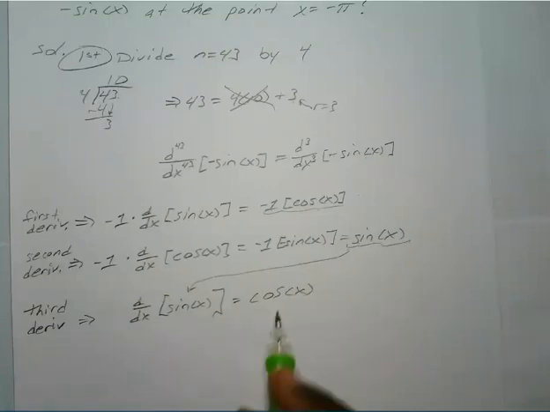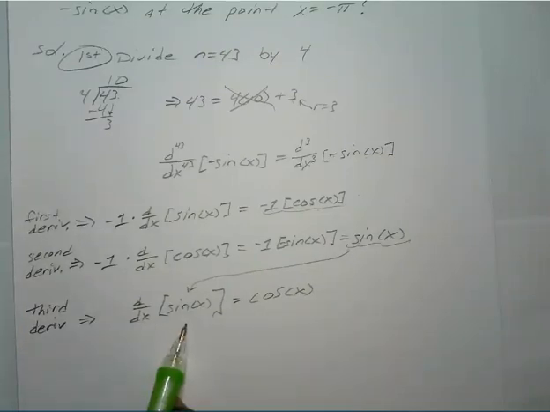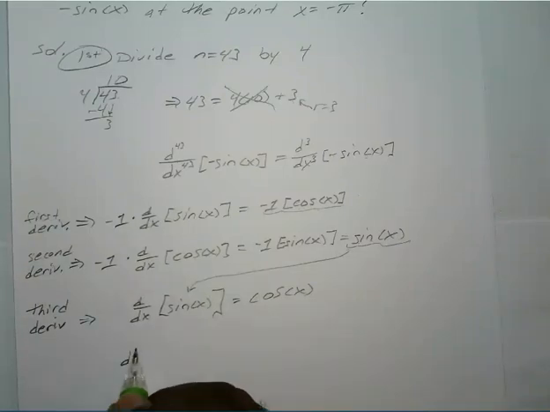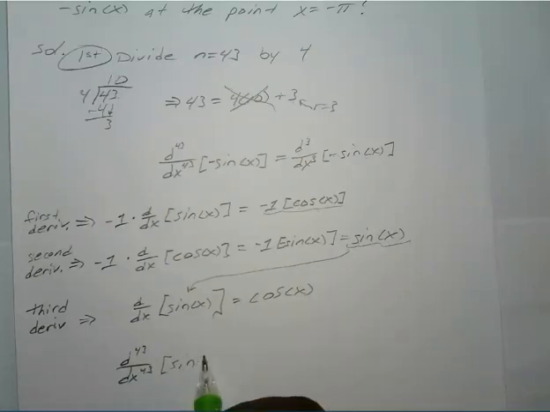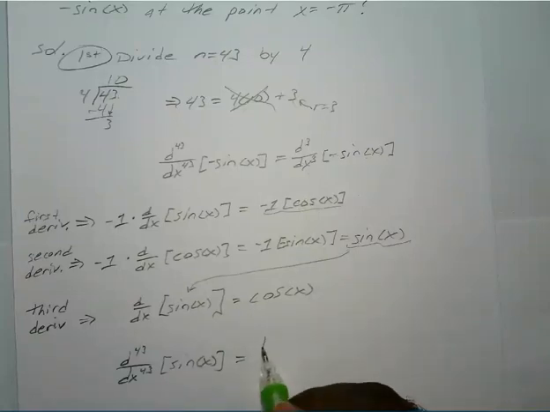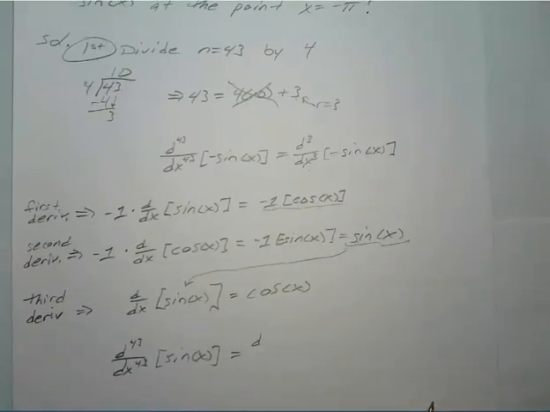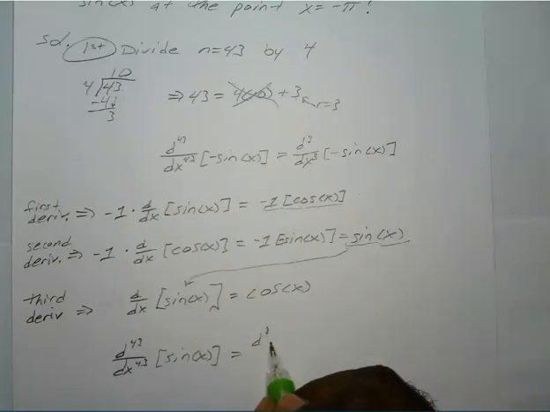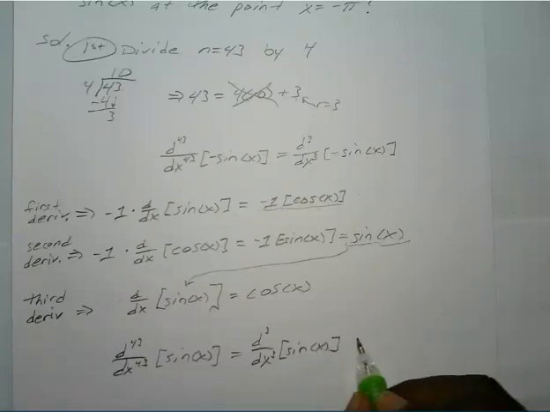Alright, so that means, since this is our third derivative, our 43rd derivative of negative sine of x, which we know is equal to our third derivative, is equal to cosine of x.